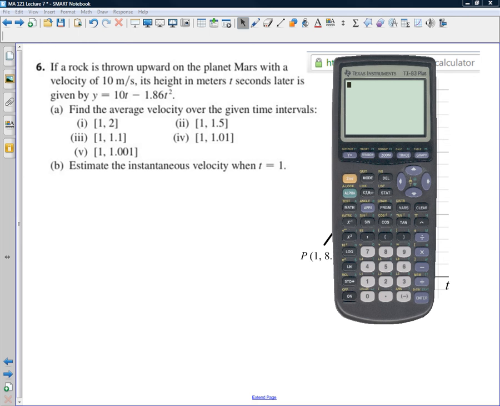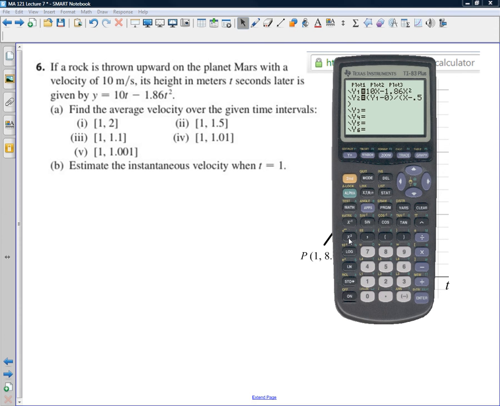I've reset the calculator, and I want to begin by going to the y equals key, and I want to clear out anything that I've got from before in y sub 1, and now I'm going to make it 10t. In my case, I'm going to have to say x for the calculator, and then I want to subtract from that 1.86 t squared. So I have to put x squared on the calculator.